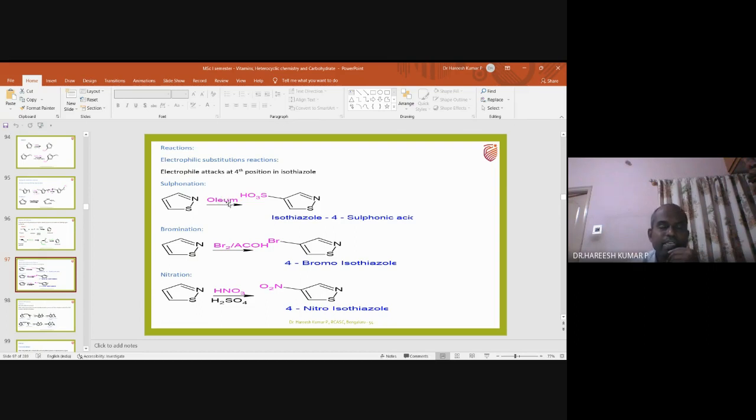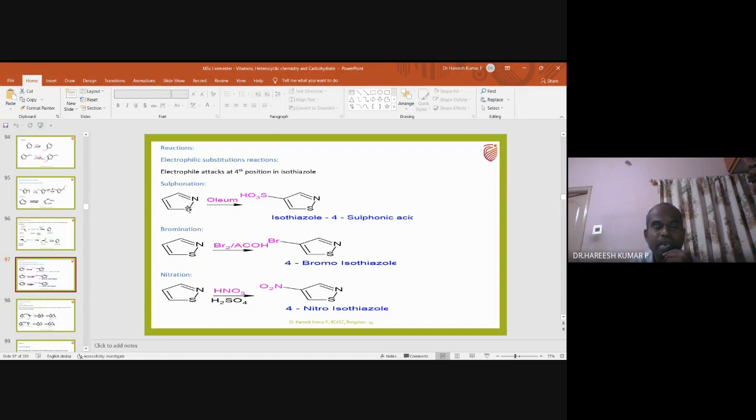You know that in thiazole, the fifth position is where the electrophile attacks, whereas in isothiazole, the electrophile attacks at the fourth position, because the fourth position has more electron density.